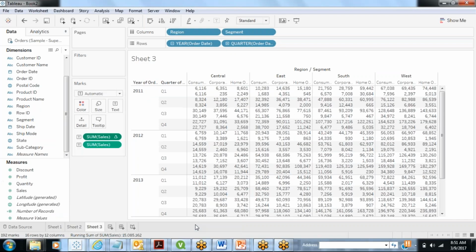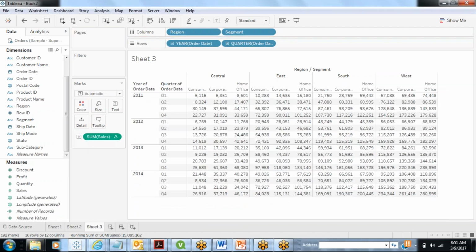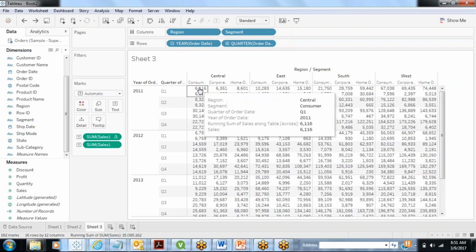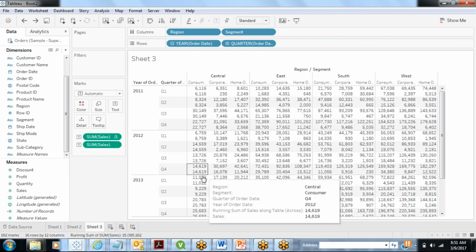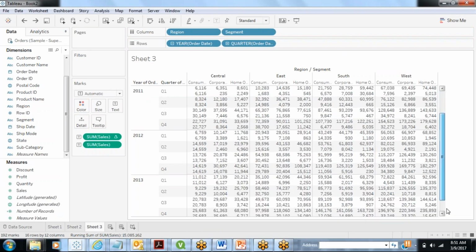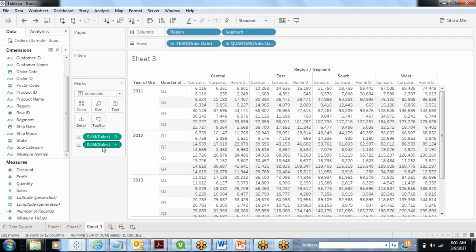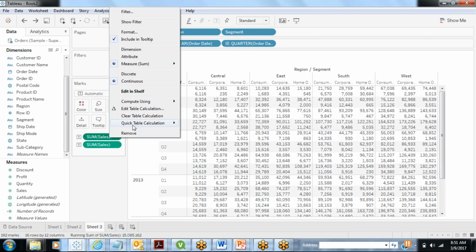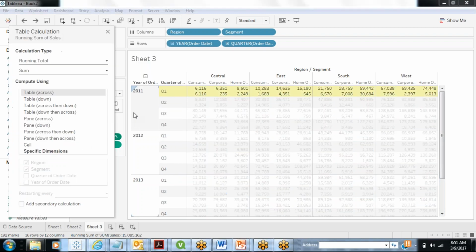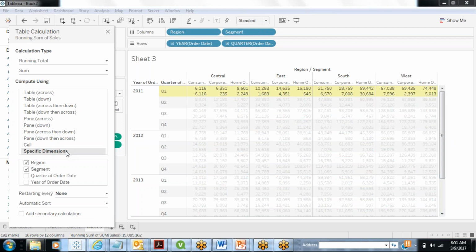So here you see this. Now Q1s I wanted to add: this plus this plus this plus the one below. This way I wanted to go. So what I will do is go here, edit table calculations and specific dimensions. So I select year and quarter.